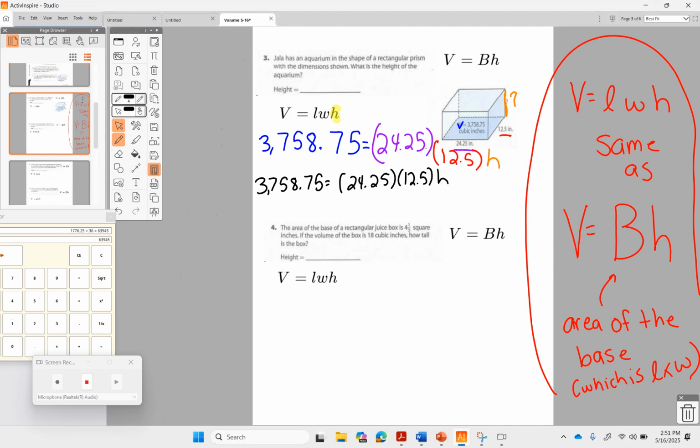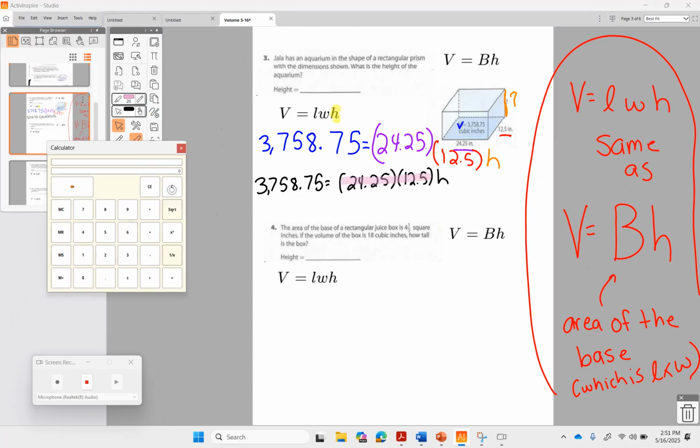So order of operations tells me I can multiply these. I can come over here to my calculator and I can say 24.25 times 12.5 is that number.